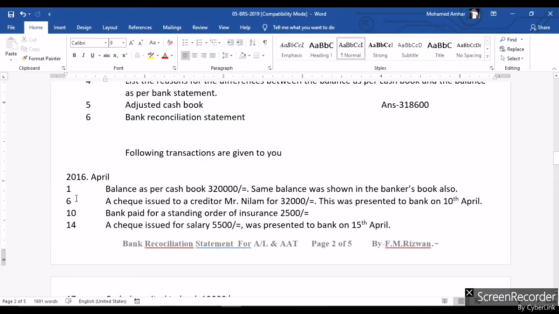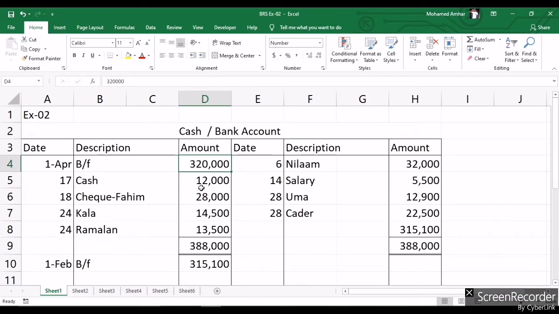Now shall we continue. Date is 6. A check issued to a creditor, Mr. Nilam, for 32,000, right? On 6, a check is issued to Nilam. So put the name Nilam and the amount is 32,000.